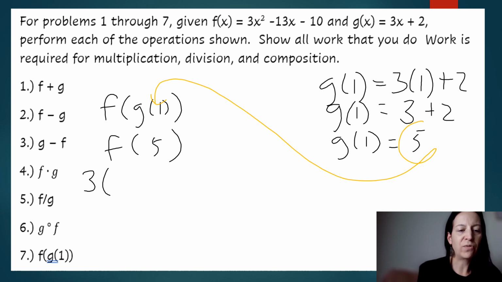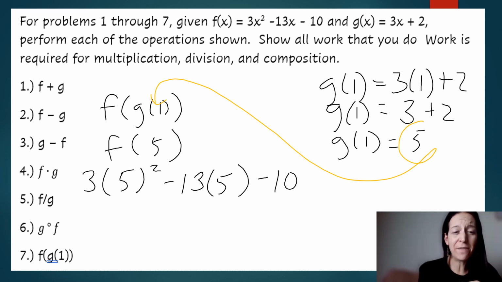And so we're going to have 3 times 5 squared minus 13 times 5 minus 10. This will be 3 times 25. So remember your order of operations, you're going to square first.